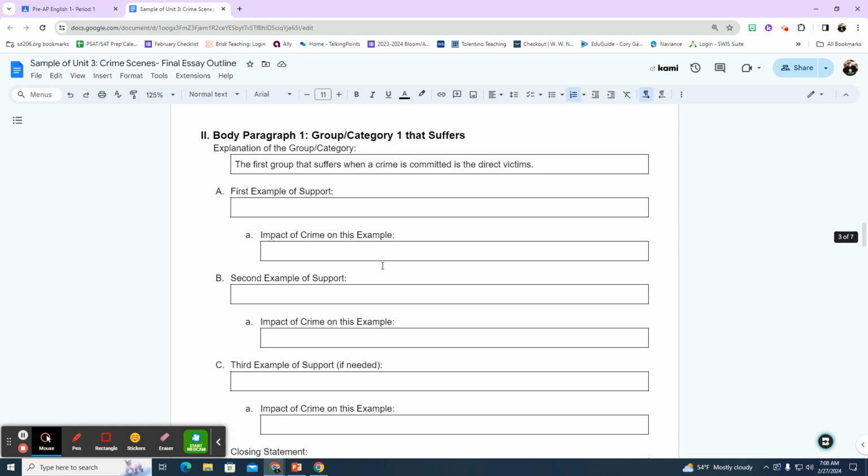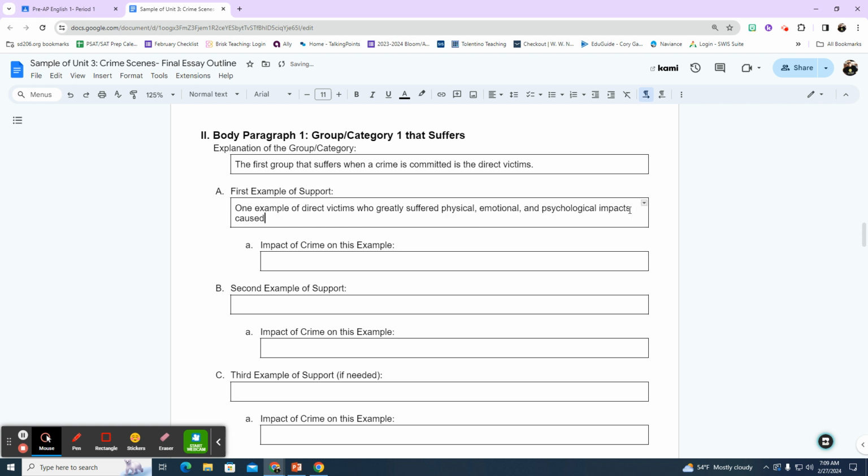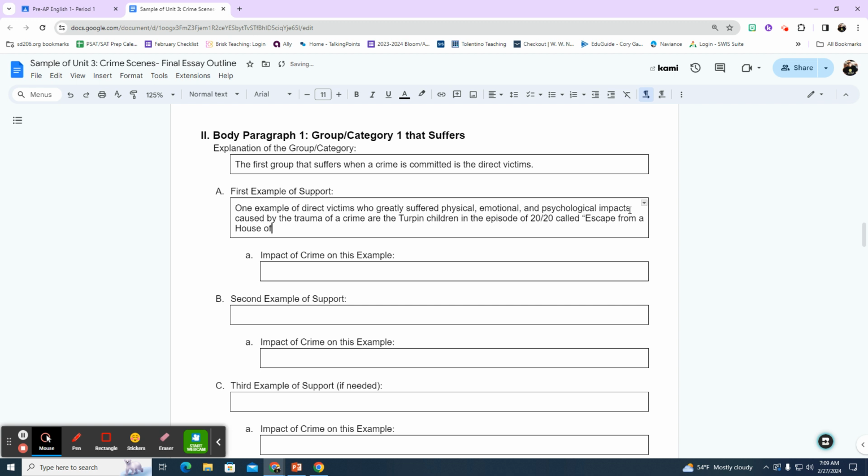So I'm going to come back down here and I'm going to say, one example of direct victims who greatly suffered physical, emotional, and psychological impacts caused by the trauma of a crime are the Turpin children in the episode of 2020 called Escape from the House of Horrors.